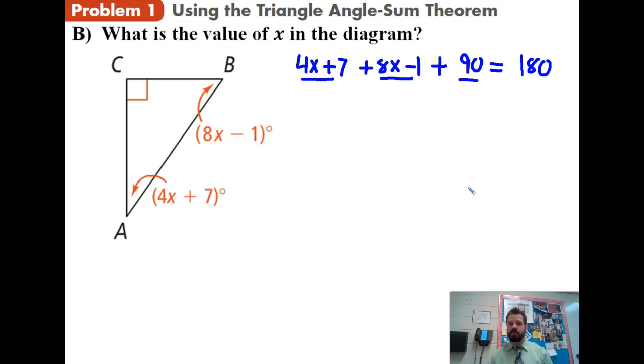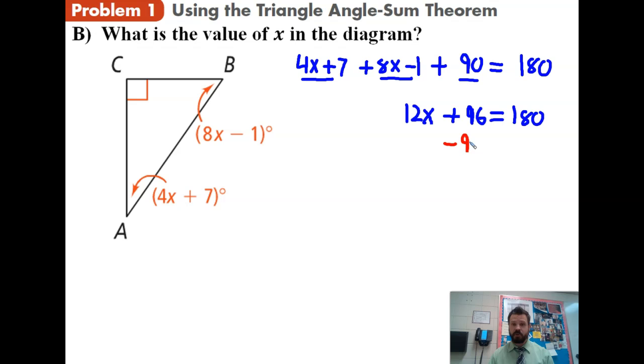Now it looks kind of ugly right now, but once we combine like terms, it won't be so bad. I'm going to combine my x's on the left. 4x plus 8x will give me 12x. And the numbers, we have 7 minus 1 would be 6, plus 90 would be 96. And then once like terms are combined, we can solve for the x.